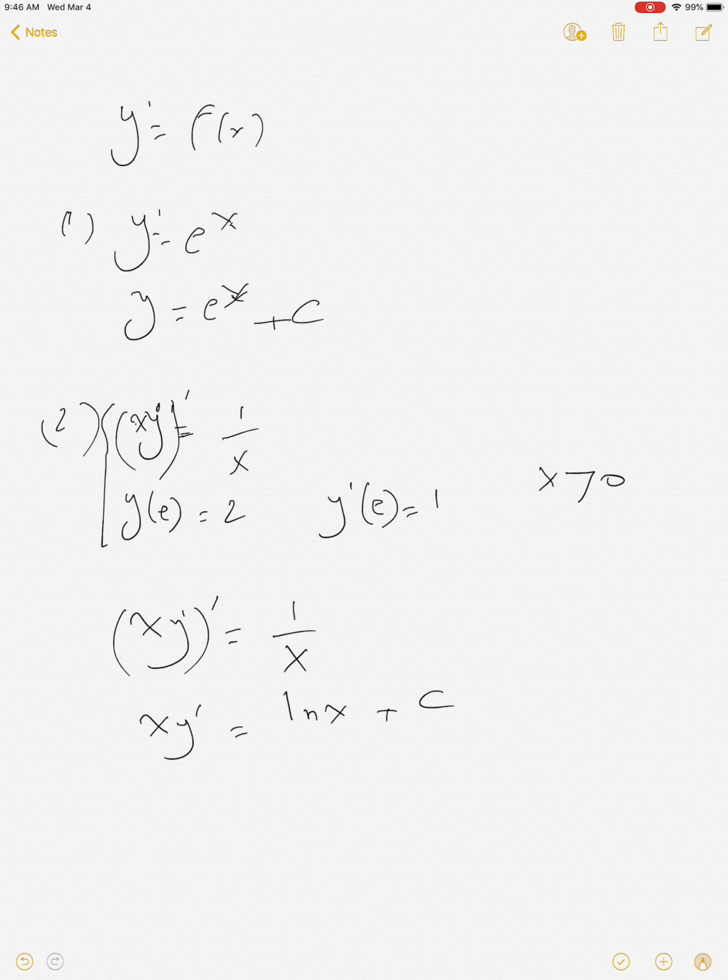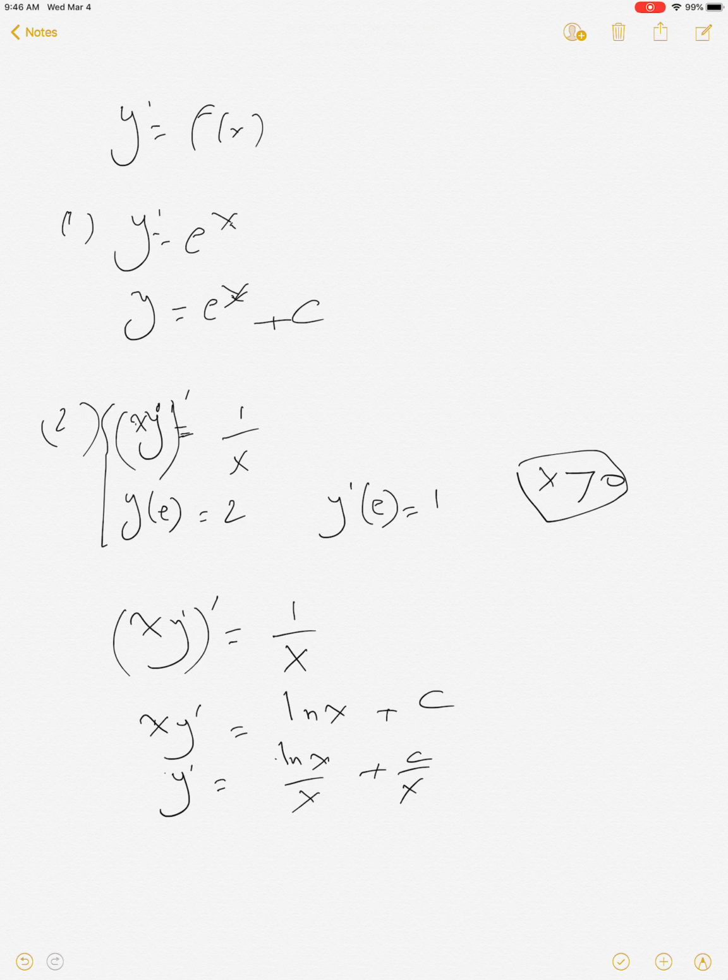I don't have to put absolute value here because I already said x is positive. So you can say y prime equals ln x over x plus c over x, or you can leave it like x y prime, so they can apply the condition.